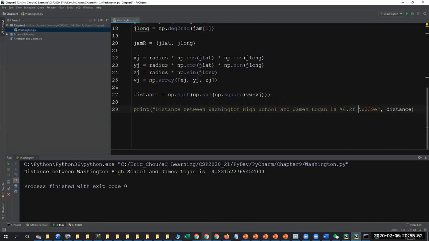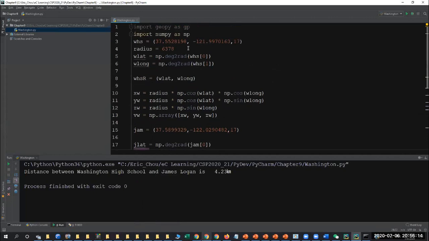Okay. And then here I should do percentage distance. So here let me give it a space.